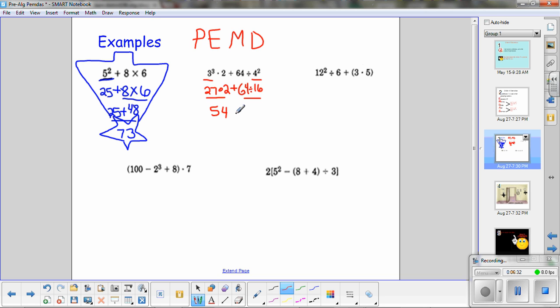And 64 divided by 16 is 4. And then we have a plus sign in between. 54 plus 4 is the last thing to do. 54 plus 4 is 58.